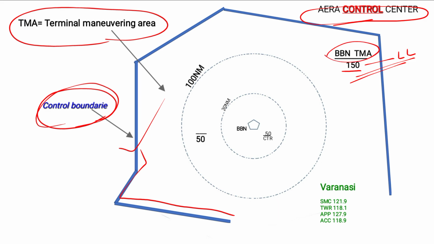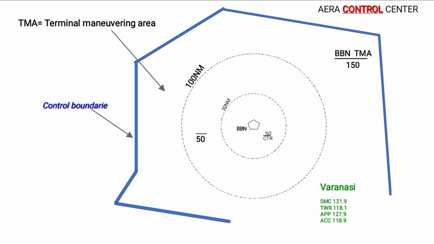At the top it is written Varanasi TMA. TMA stands for Terminal Maneuvering Area. Sometimes it will be written as UNL, unlimited, or as 460, that means 46,000 feet, or it will be written as Bravo November TMA, or Delta Papa November TMA, or Mike Victor TMA. So it is indicating unlimited.